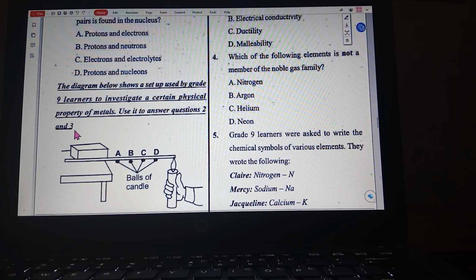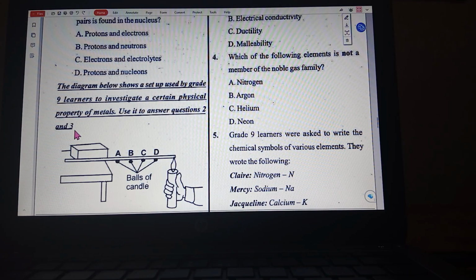Now, when we are talking about the physical properties of metals, we are talking about electrical conductivity, thermal conductivity or heat conductivity, malleability, the ability of a metal to be hammered into tiny sheets, and ductility, the ability of a metal to be drawn into wire.